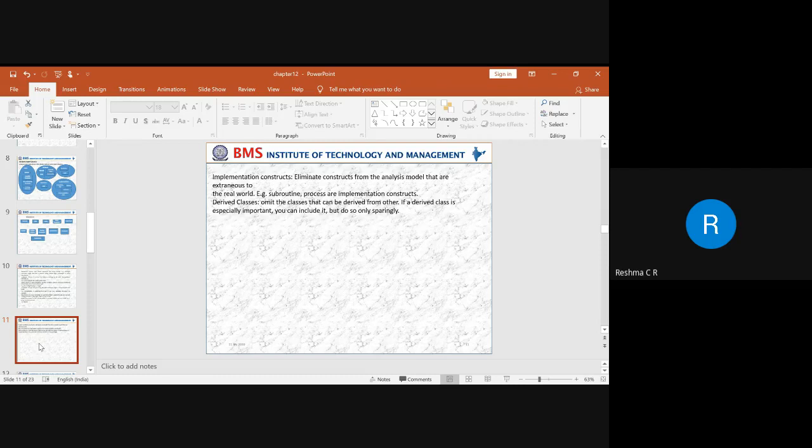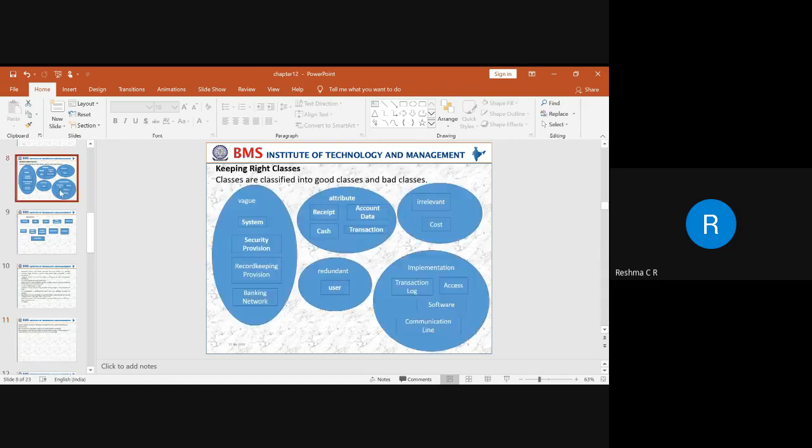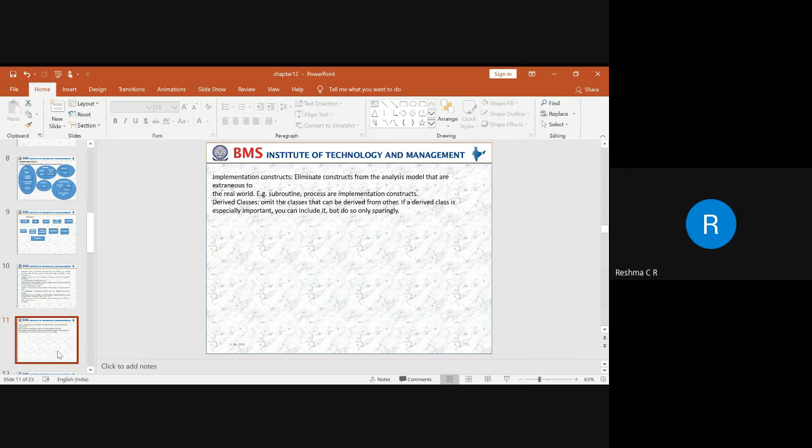That means you are saying how you are trying to solve the problem by using a particular algorithm, or by implementing a particular process, protocol or subroutine. Those things are implementation constructs, so they have to be eliminated. Here, words like access, communication line, software, all these keywords will be taken as an implementation concept, so those types of class names have to be eliminated.